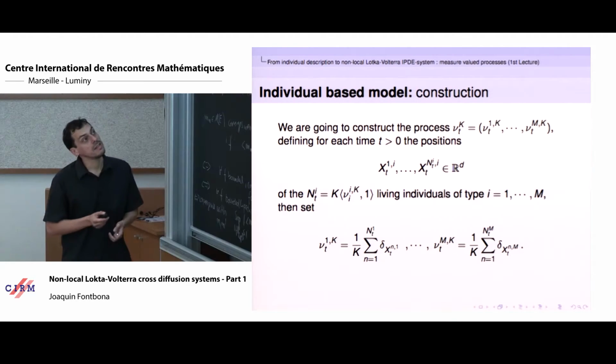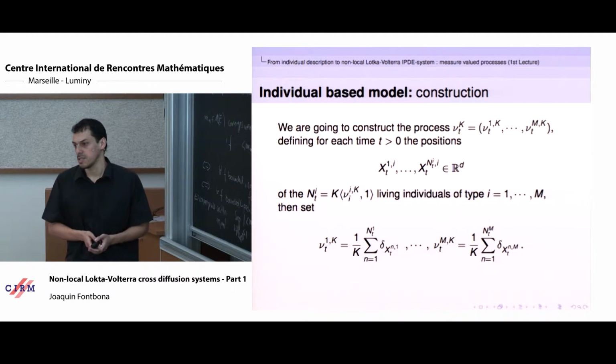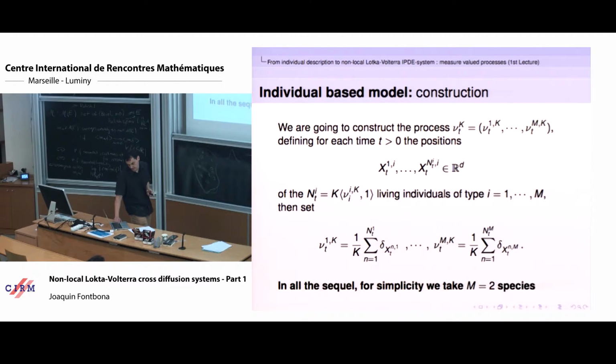Then I will put the Dirac masses on these positions, divided by k, and I get my measures. That's the idea. For simplicity in all this talk, I will take 2 species, otherwise expressions are too complicated. And actually, the treatment of 2 species or any finite number of species is the same.